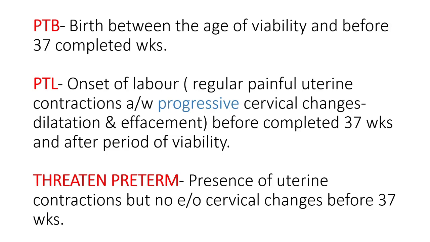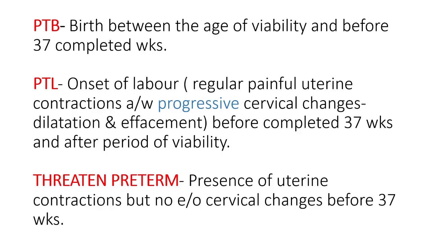The term progressive you should remember, because if there are progressive changes in the cervix, we will diagnose it as preterm labor. If there are no progressive changes, or the cervix remains just 1 centimeter dilated, then it is known as threatened preterm.